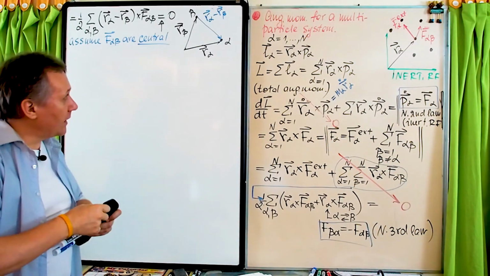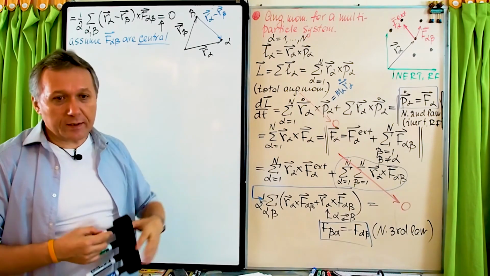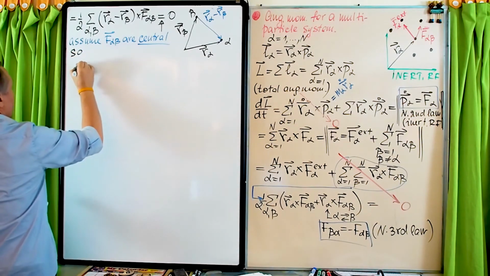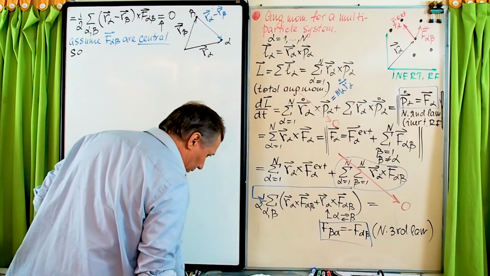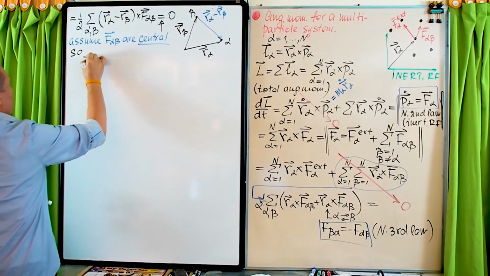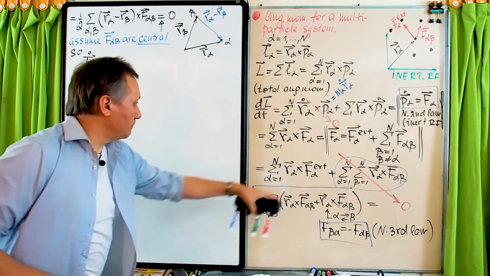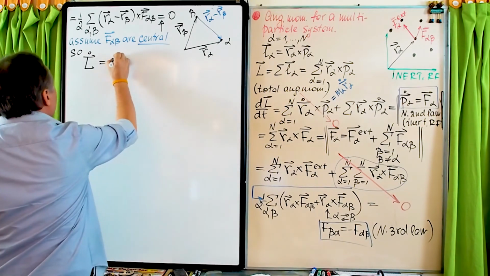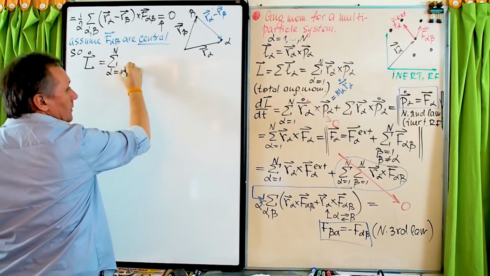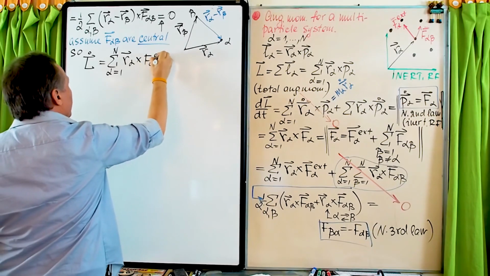And what's left, again, we're looking at the dynamics of the total angular momentum of the whole multi-particle system. So we're getting L dot. Let me write L dot. So L dot equals the summation over alpha from 1 to n of R alpha cross F alpha external.